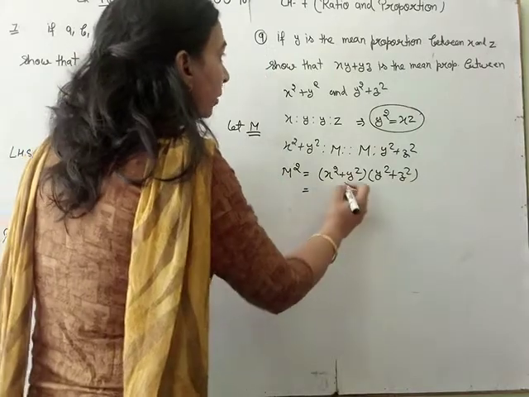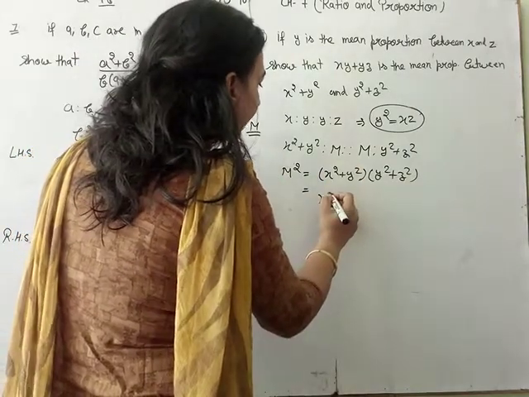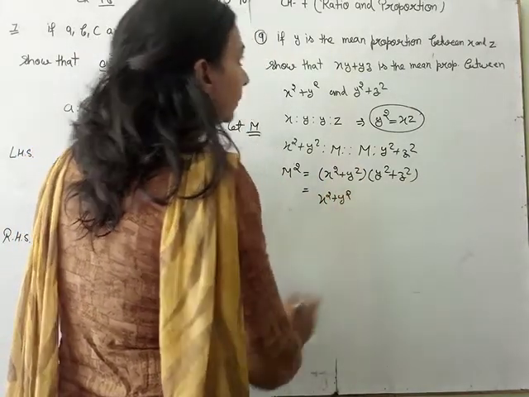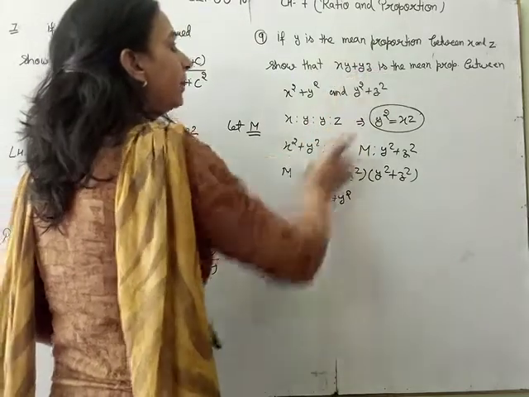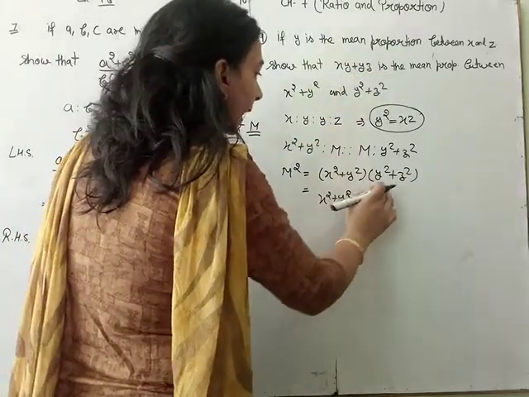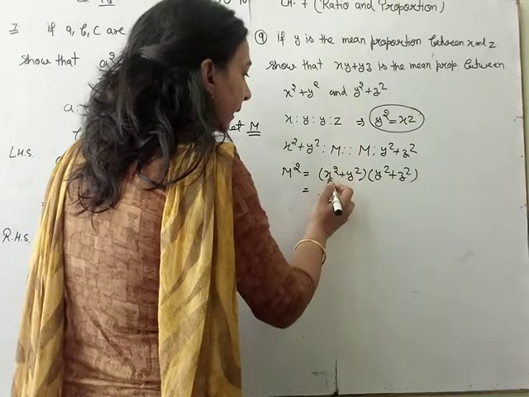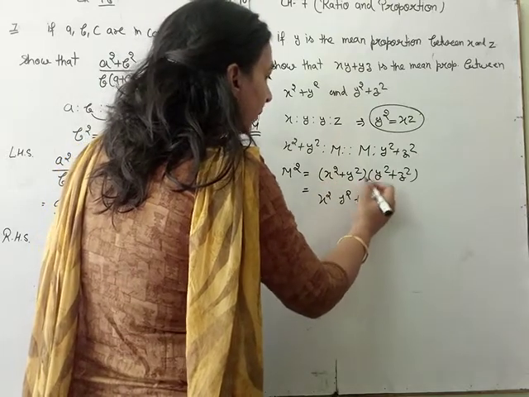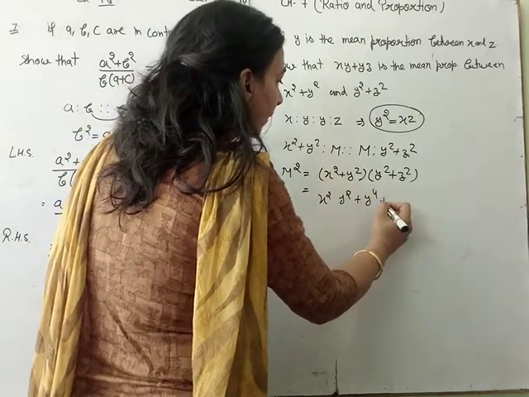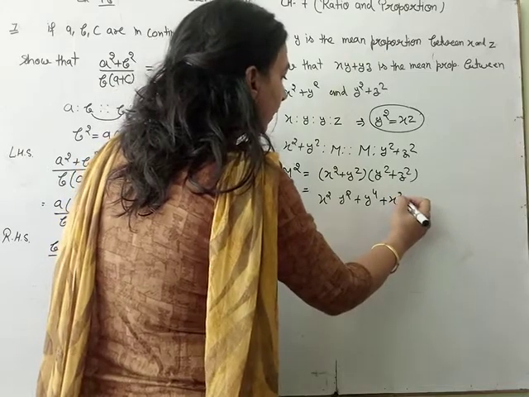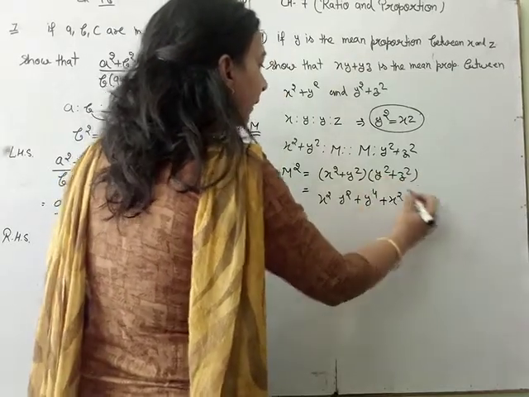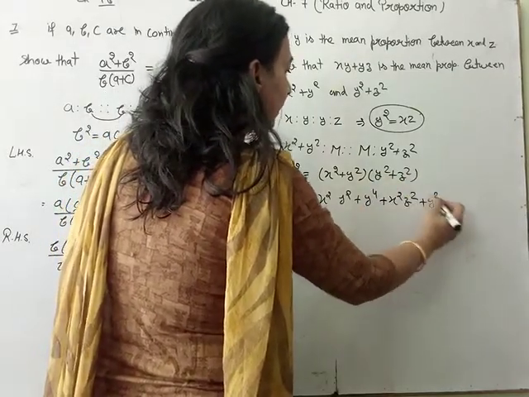Okay, we solve this. X square y square. Okay, we find this xy plus yz. X square y square multiplied, x square y square plus y square z square, y to the fourth, plus x square z square and y square z square.